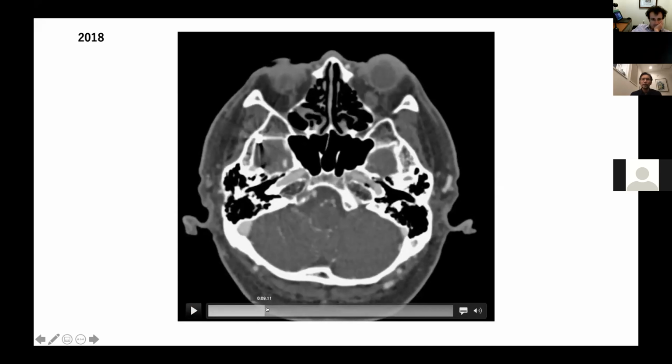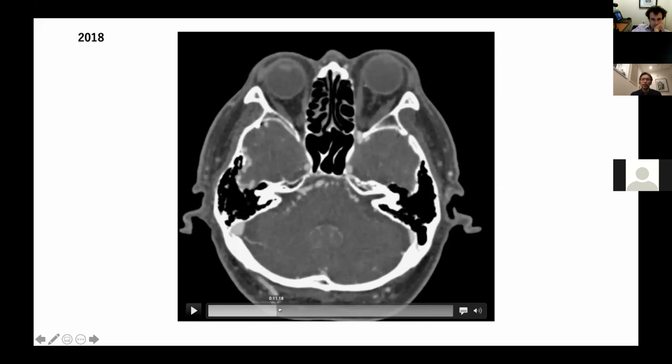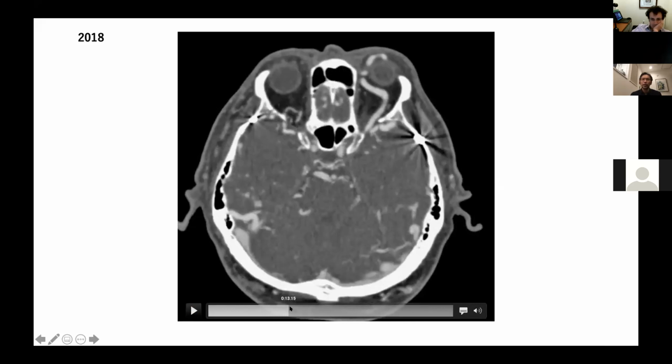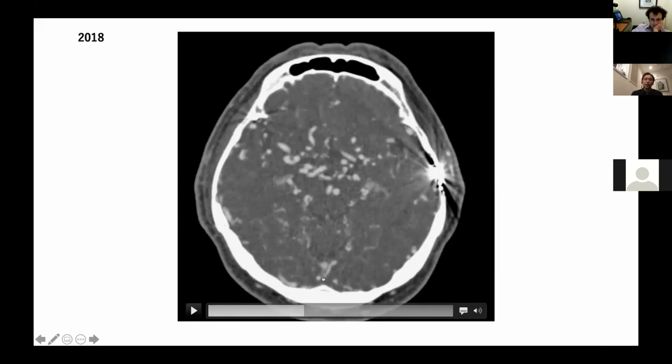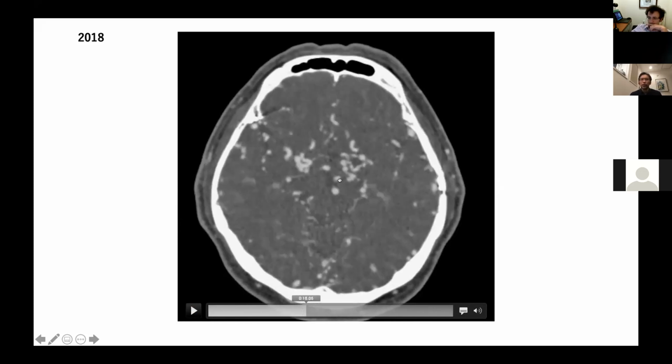So the veins somehow cannot escape too much into the posterior fossa, and the part of the superior sagittal sinus near the torcula is kind of thrombosed. I don't know when, so it cannot escape through here.